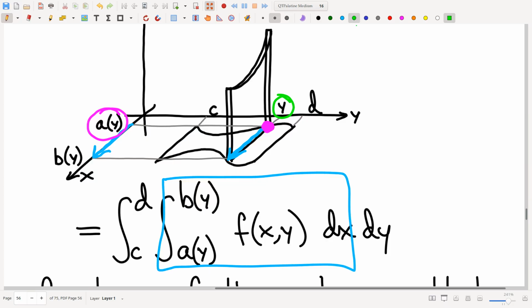If I have a different y, if I were to look, let's say, at this value of y instead of the one I have drawn, for that value of y, we're ranging over a different range of values of x, starting at a different point.